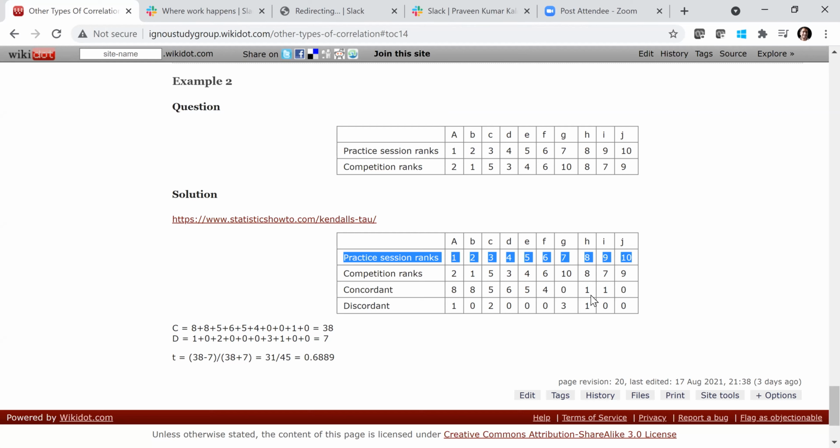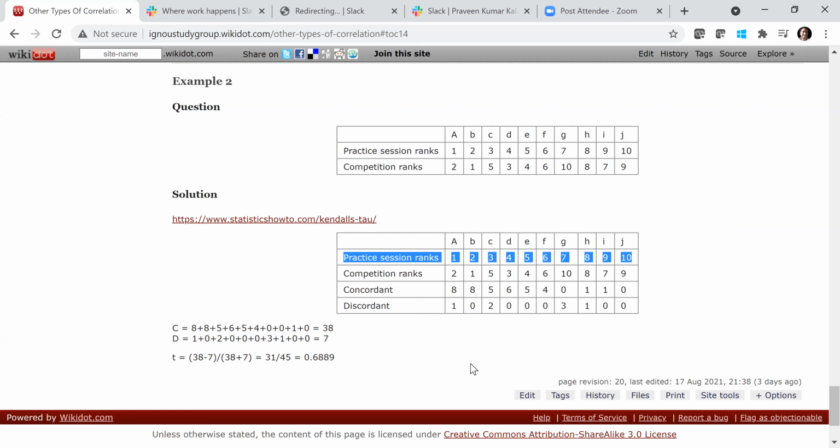But in case the last I and J are reversed, like 8, 10, and 9, then 8, 10, 9 will become 8, 9, 10. So the ranks in competition ranks will become 8, 7, and 9 accordingly. Exactly. That's right.